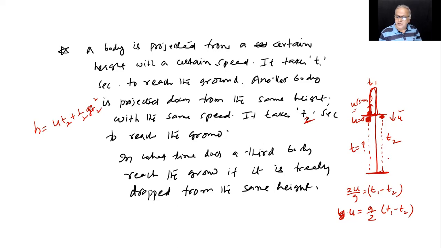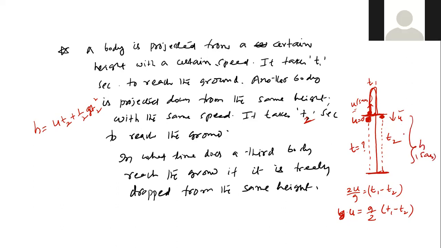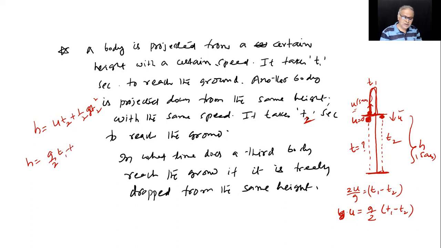Plus only. u is down, g is down. Supposing this is h. So h equals u t2 plus half g t2 squared. If I substitute for u, I'll get h. h is the one I wanted, children, basically.